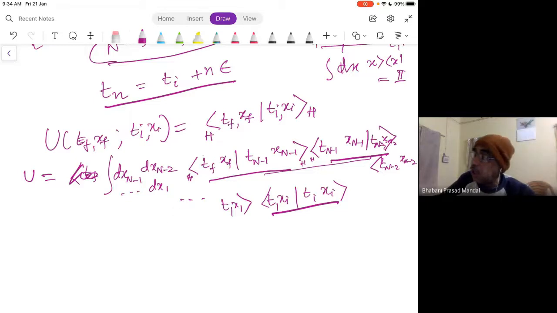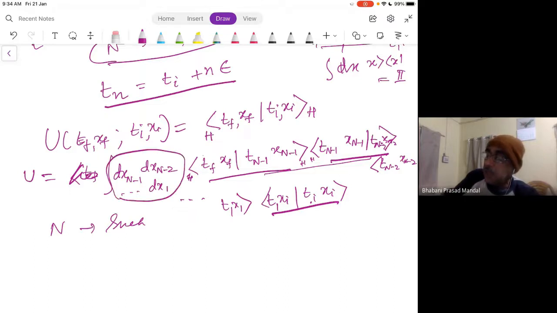Starting from x initial, n plus 1 such points are there, so there will be n such inner products. But notice there are integrations over n minus 1 variables, x1 to x n minus 1. This difference you should note. So n such inner products.